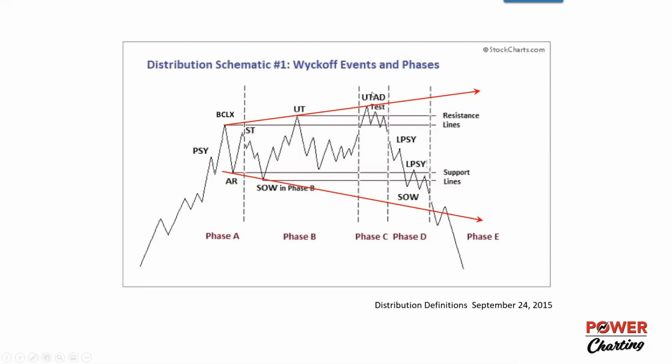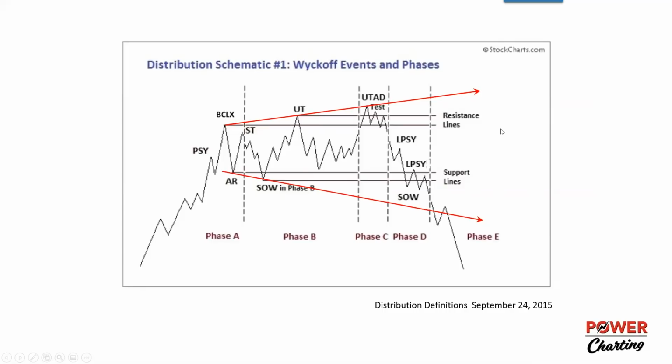So here this upthrust goes to a final new high, captures or traps all the momentum traders as it breaks out to a new high, and then quickly fails into a long decline that goes down to the support area of the distribution structure, pauses there, and then fails into a phase E markdown.